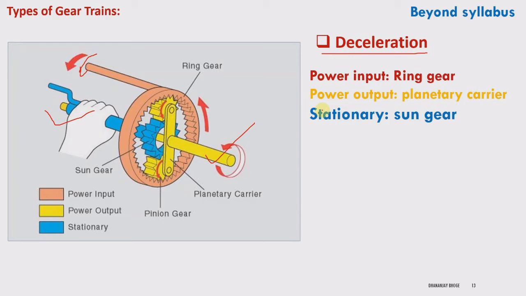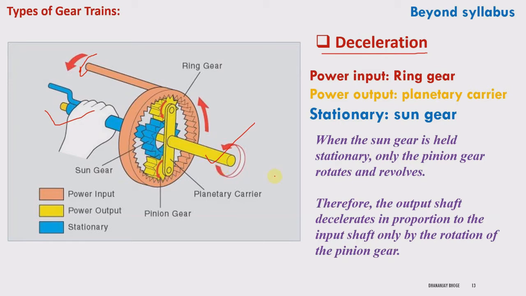Okay. So under such conditions, when the sun gear is held stationary, only the pinion gear rotates and revolves about its own axis. Since the sun gear is fixed, if we say rotate the ring gear in counterclockwise sense, it will rotate the planet gear in the same direction because of internal meshing.